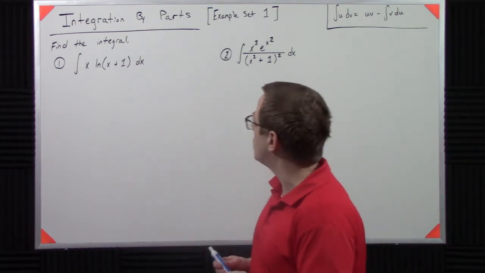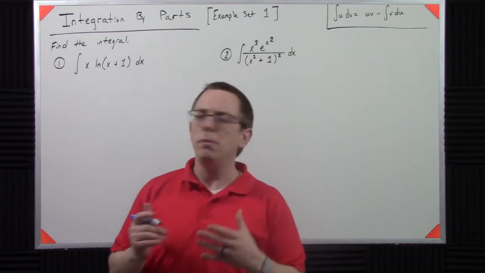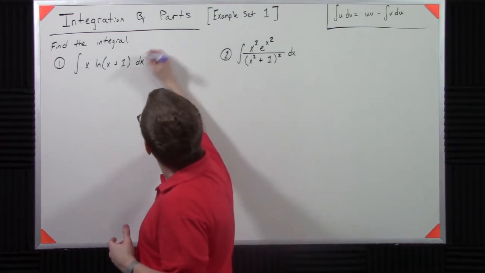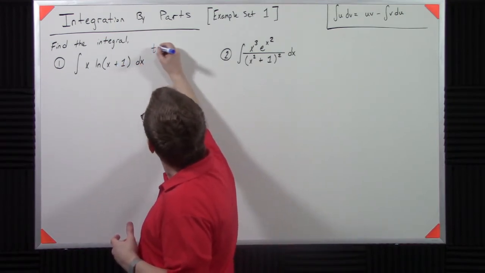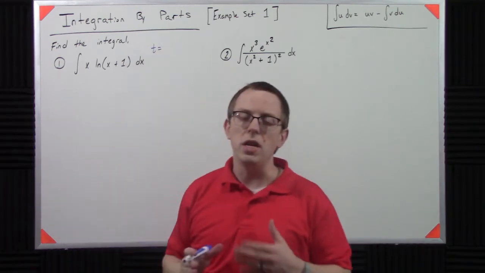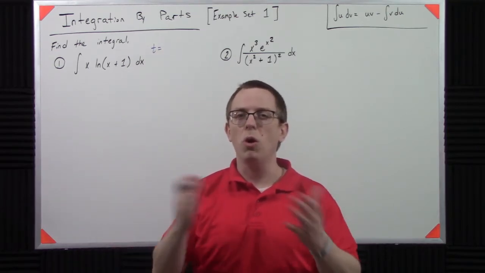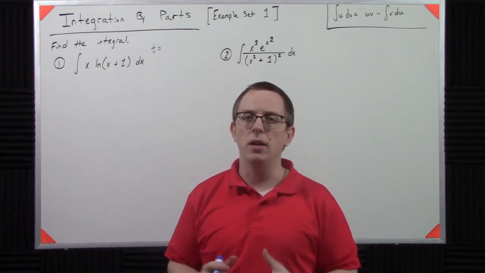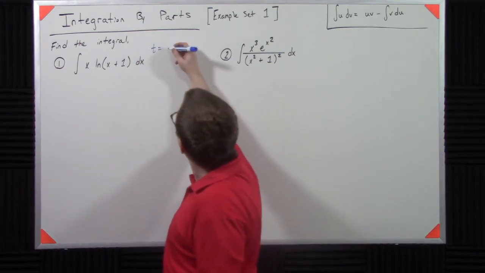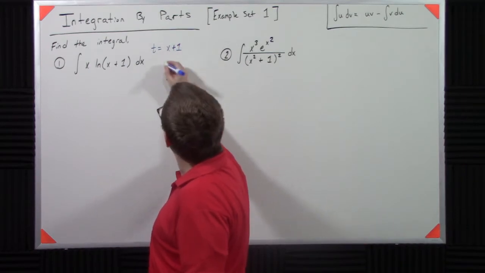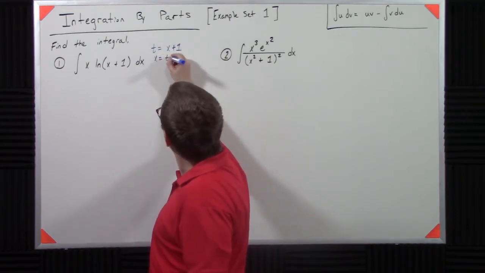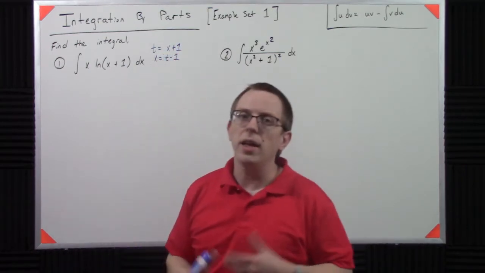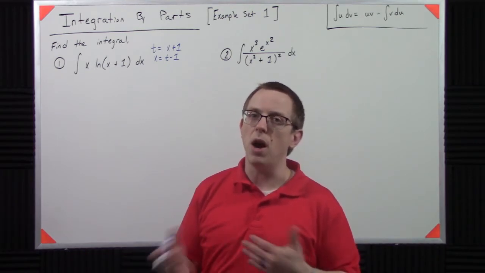I'm going to use the word t. Normally we'd use a u substitution, but we're already using u in dv, so I don't want to confuse that. So I'm going to say t equals x plus 1. And rewriting, that also makes x equal to t minus 1.